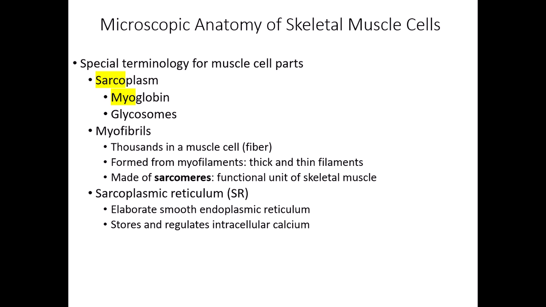So intra is a zoological root meaning within. We don't want to confuse that with inter, which would mean between. So intracellular calcium is looking at how much calcium is within the cell, really how much is going to be released into the sarcoplasm to allow for certain steps to occur for muscle contraction.